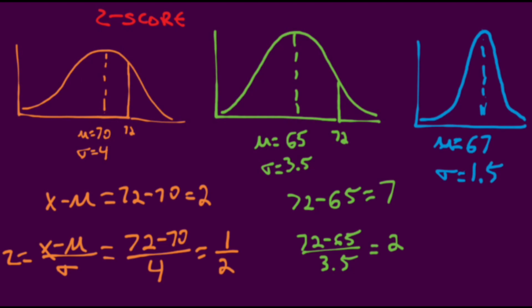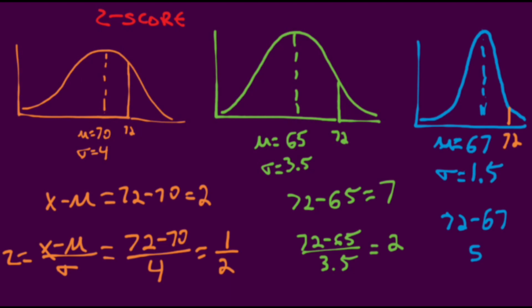And so if we then wanted to think about a person at 72, the situation changes a little bit. We wouldn't want to just say, well, this is 72 minus 67, so 5 inches above the mean. Because in some sense, this would give the impression that this is less extreme than the female scenario.